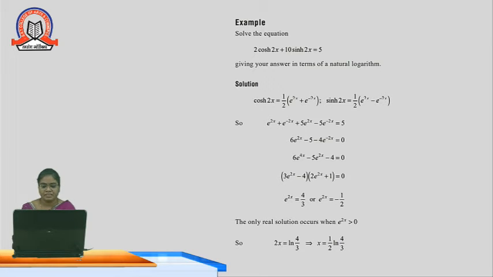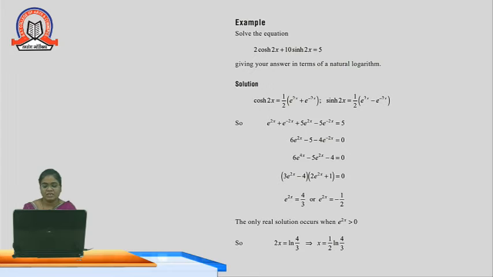Then rearranging that and considering it as a quadratic equation, taking x as e power 2x, solving this we get 3 e power 2x minus 4 into 2 e power 2x plus 1. So the answer for e power 2x is 4 by 3 and minus 1 by 2.